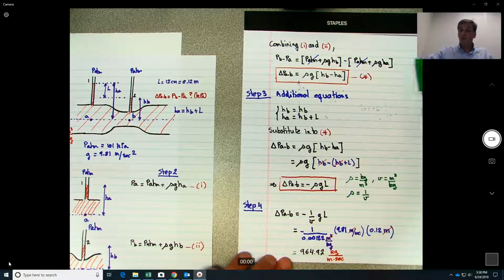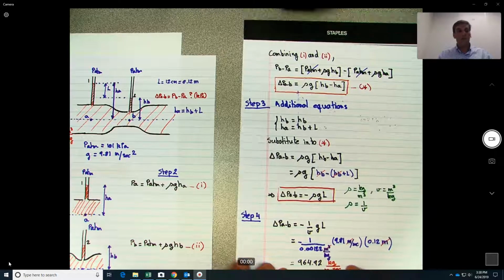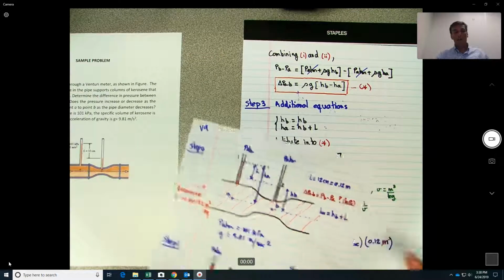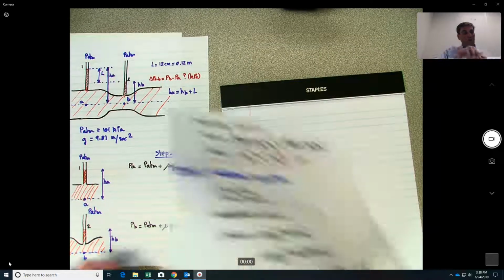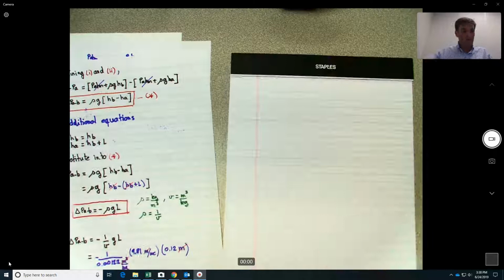Okay, so that's not the units we are looking for. We are looking to get our result in kilopascals. So let me go to the next page and we do some unit manipulations.